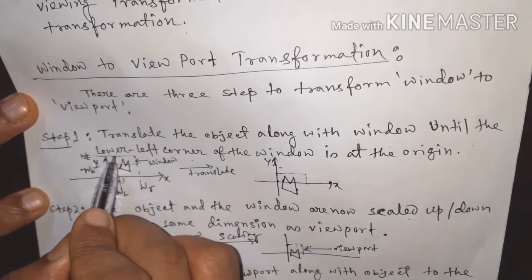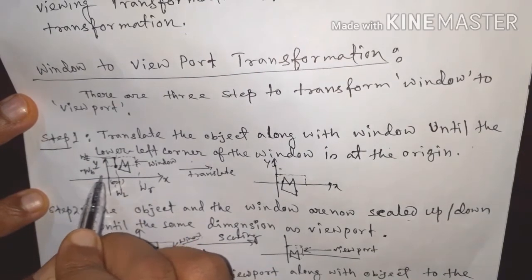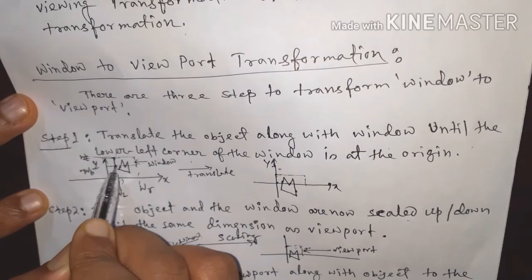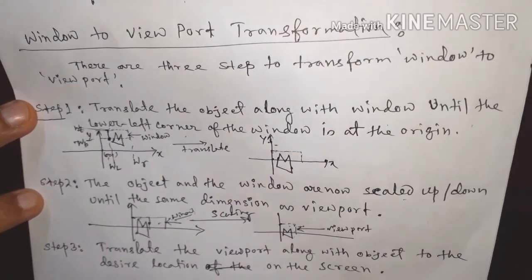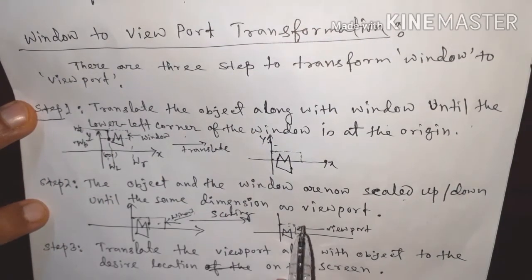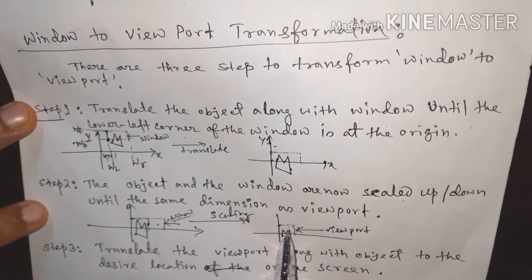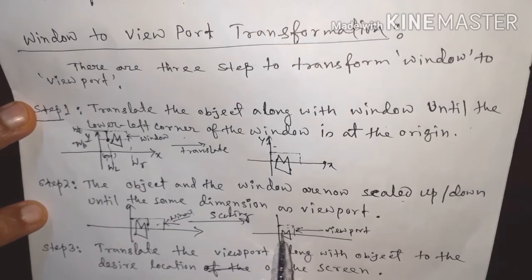That means the window lower left corner is WL, WB. Similarly, in the case of the viewport, it is not necessary that it is always at 0, 0.